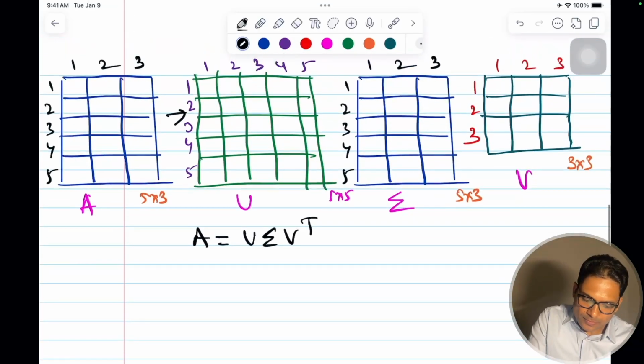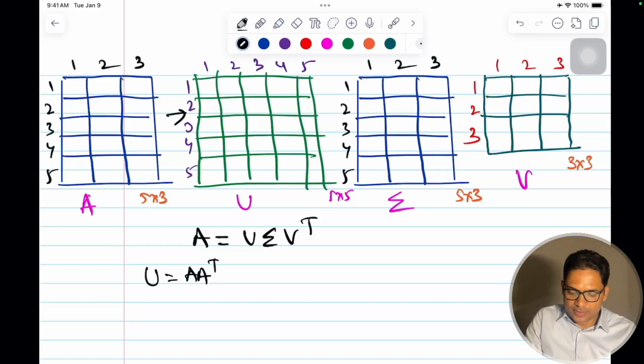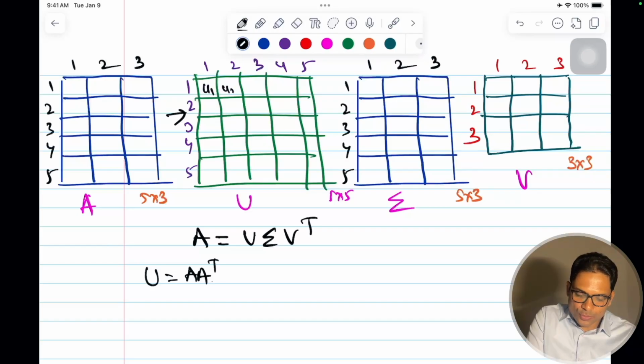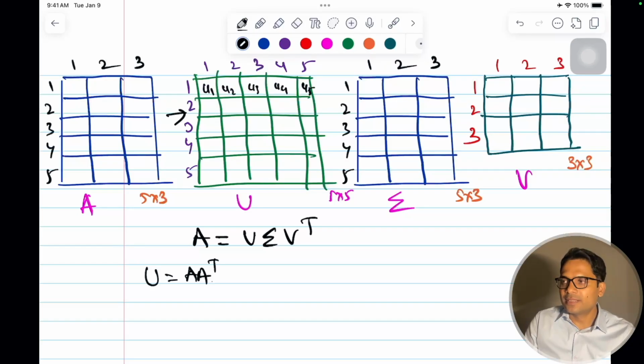Your U is the A transpose matrix, so the eigenvectors of the U matrix are U1, U2, U3, U4, U5.